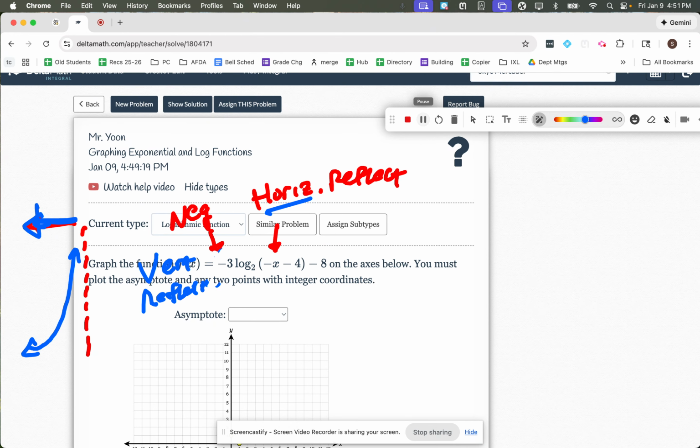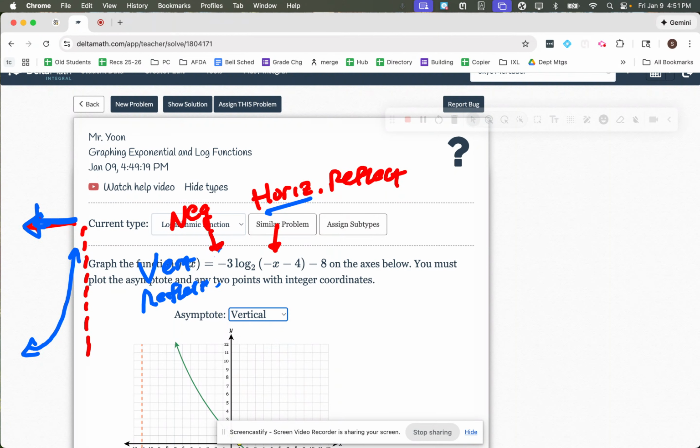So let's do first things first. We're going to put in the vertical asymptote. That's the first and most important thing. Now, how do we find the vertical asymptote? We make whatever x makes the argument 0. So argument equals 0. Okay. X must be, now watch out, it's negative x here.